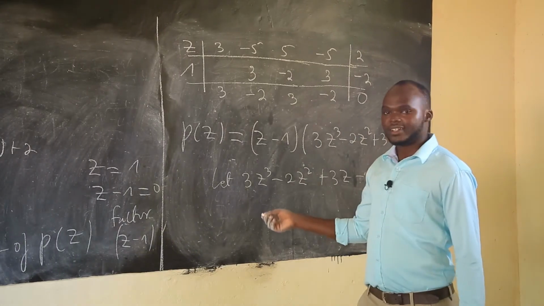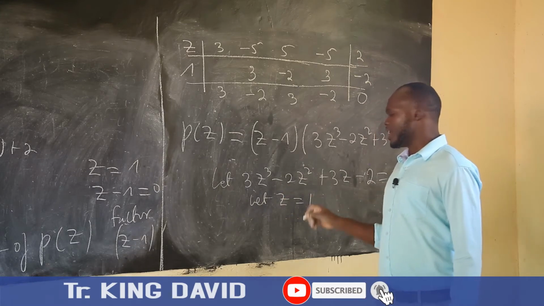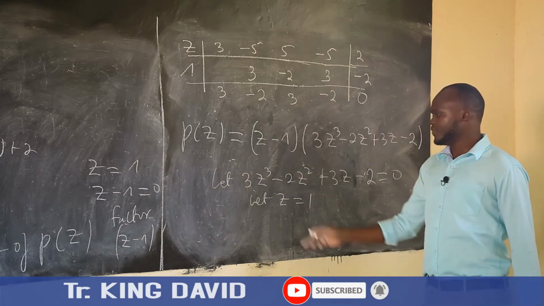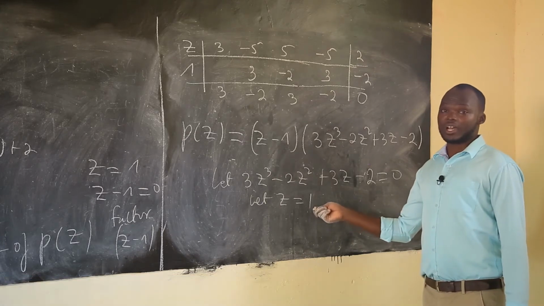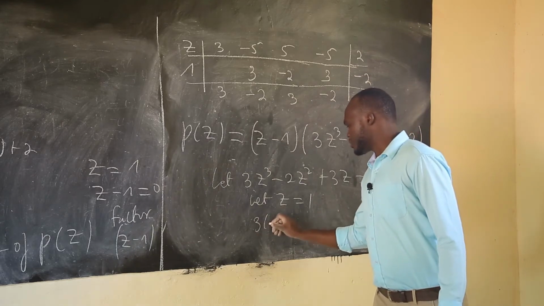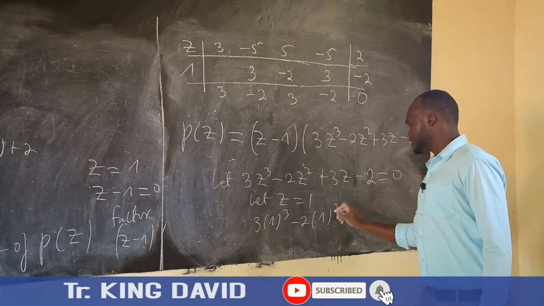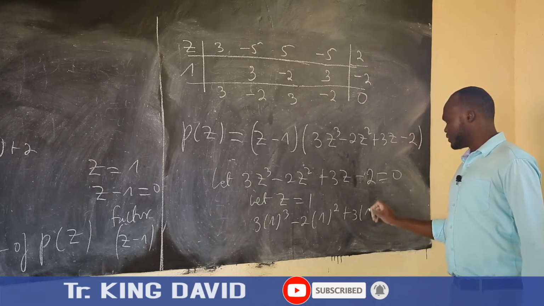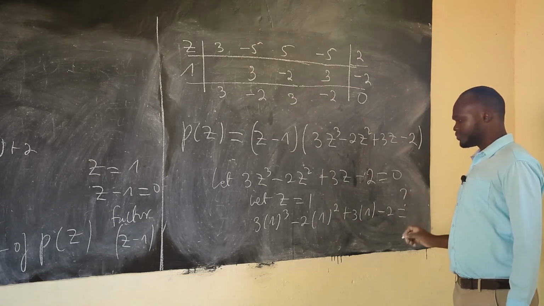So let us also find, we let z be equal to 1. We see if it can satisfy this equation. If we find that z equal to 1 cannot, we will take another root. So that's 3 into 1^3 minus 2 into 1^2 plus 3 into 1 minus 2. Is this equal to 0?